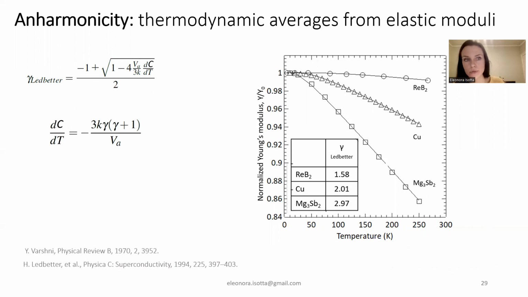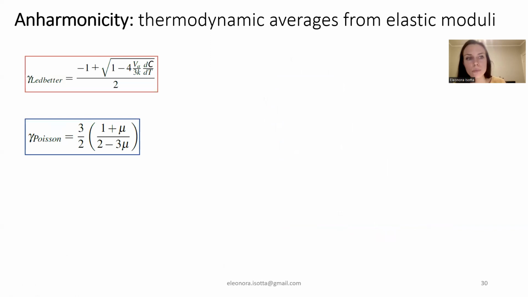So what's their temperature derivative? And in fact, the Leadbetter formula here takes into account the derivative of the elastic moduli with temperature. Another way to compute a thermodynamic average of Grüneisen parameter is the Poisson method that takes into account the Poisson coefficient of the material.